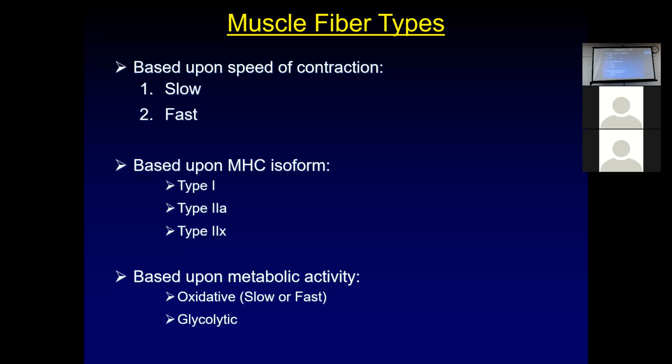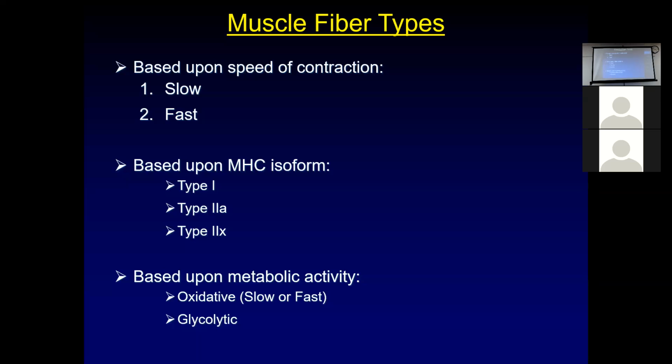Okay, so initially it was fast and slow. This came out of animals and we took it into humans. What we know now is that that's not the entire story. People were very interested to know why. What is it that is different inside the fibers that makes some of them generate force faster and some generate force slower?